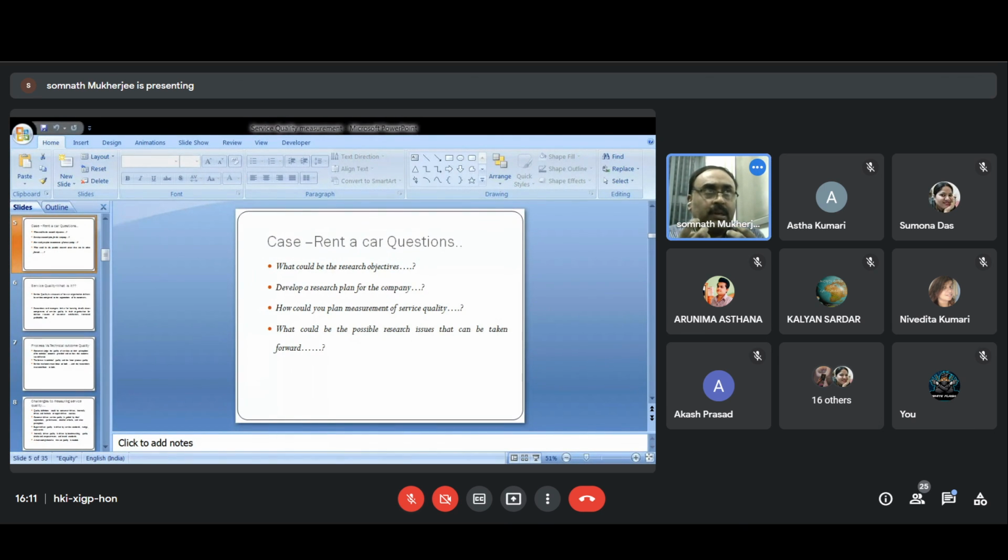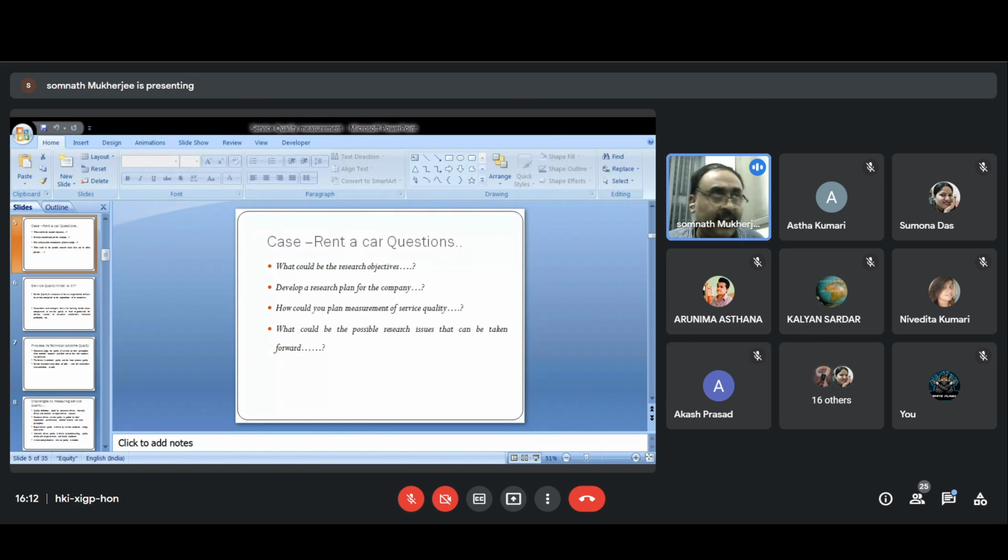At this point of time, they are trying to find new avenues, new ways in which they can act so that their offering becomes more effective, and in turn the entire offering is more satisfying. That's the entire idea of this exercise that this rent-a-car company is doing.